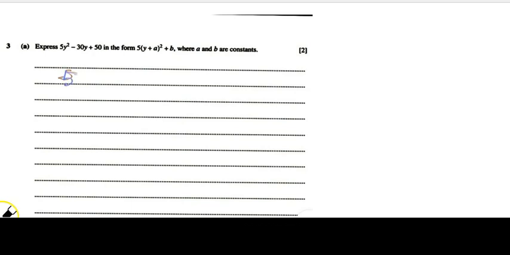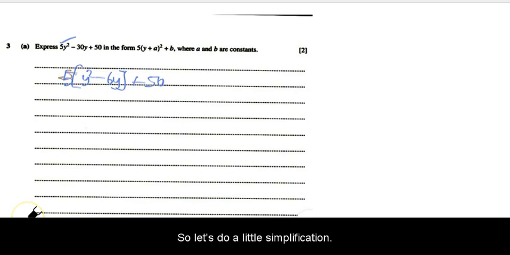Then we have y squared minus 6y, right? By simple factorizing, you factor out 5 here. We have y squared minus 6y, because we know 5 by 6 gives us 30. So we are left with 50. So this is plus 50.